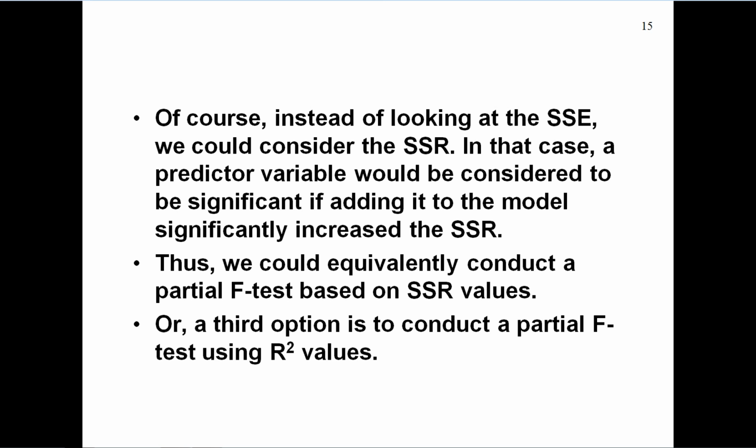So we have three approaches. I would ask you to take a good look at the homework solutions that I've generated. I've tried to make the connection for you that using r squared, using partial f-tests on r squared, on sums of squares for regression, or sums of squares error, all lead us to exactly the same place. So it's just a matter of personal preference.